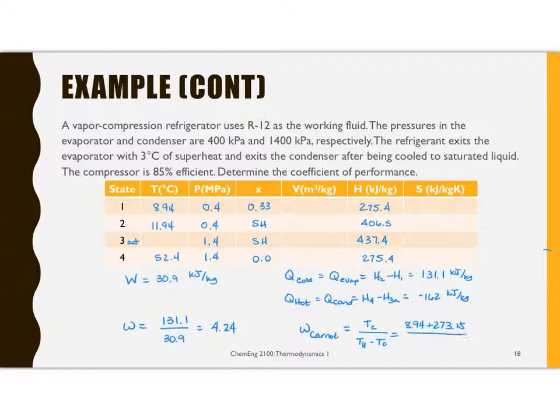I need to work in Kelvin. But for the temperature difference Th minus Tc, degrees Kelvin or degrees Rankine will not make any difference. When I subtract those two, I end up with 5.6. And so therefore I can compare 4.24 to 5.60. Yes, it's less than that. Seems like a good number based on the Carnot efficiency.